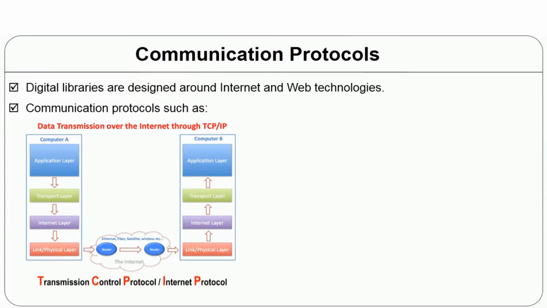You must be recollecting that the internet was born in 1969, but the internet had to wait for better use until 1984, when this protocol, TCP/IP, was invented. TCP/IP has given such a boost to the internet for communication. So this is the basic protocol for communication, not just for digital libraries. Any data communicated over the internet has to use TCP/IP.